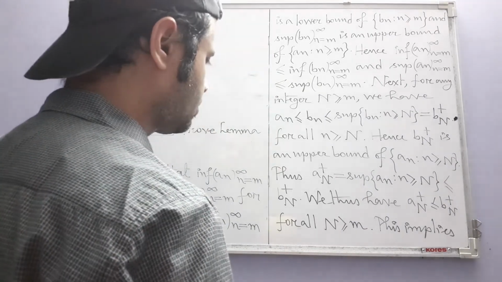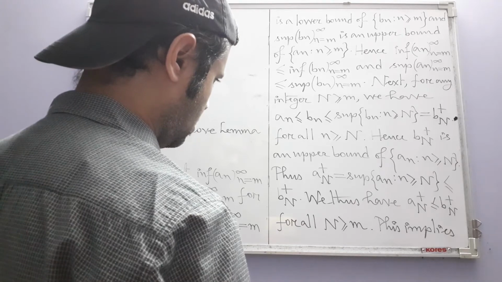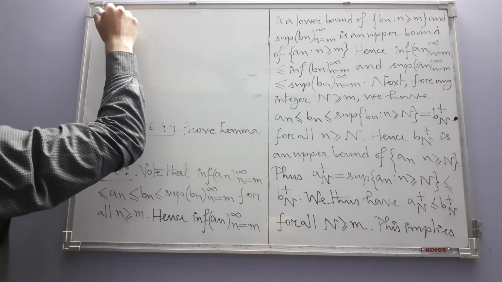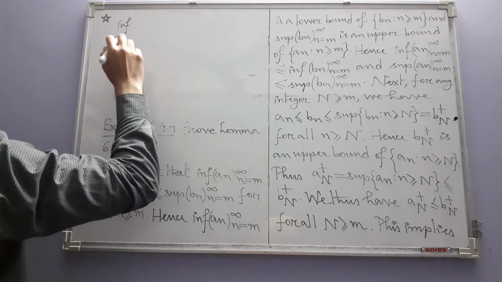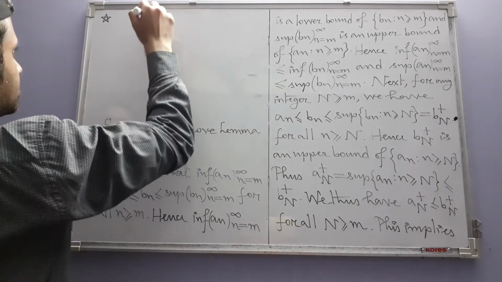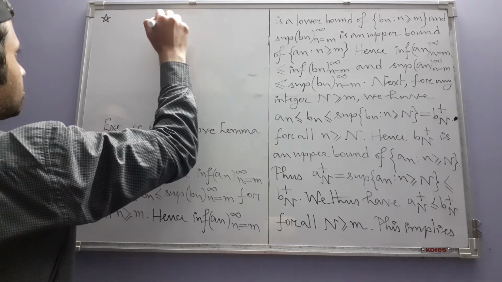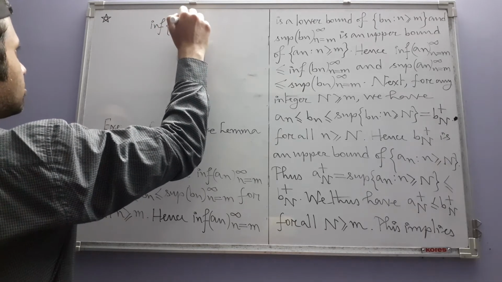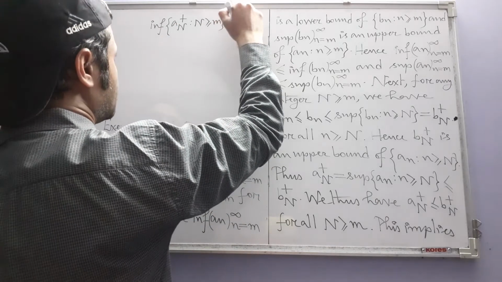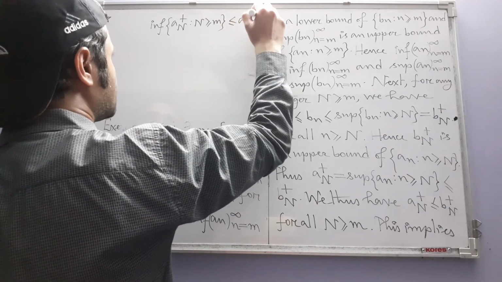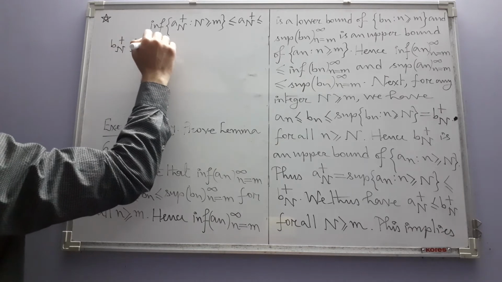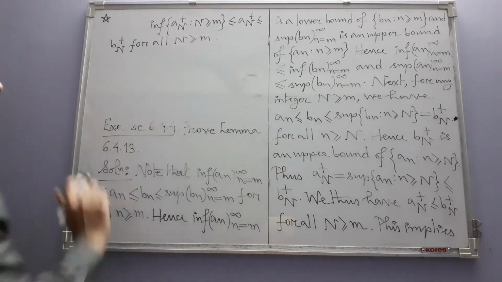So that means the infimum of all these a_n classes as capital N varies, which is, let's keep some space, is less than or equal to a_n plus, which is less than or equal to b_n plus for all n greater than or equal to m.